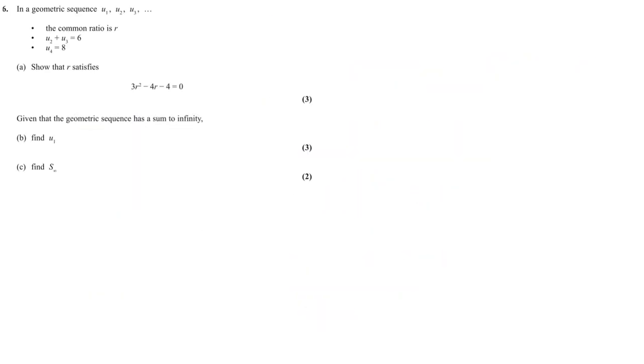Okay, question 6 is the next question. It's attempted by all students, but it did discriminate between the candidates according to the examiner. Part A was done reasonably well in some cases, but not all. Part B usually scored 1 mark.